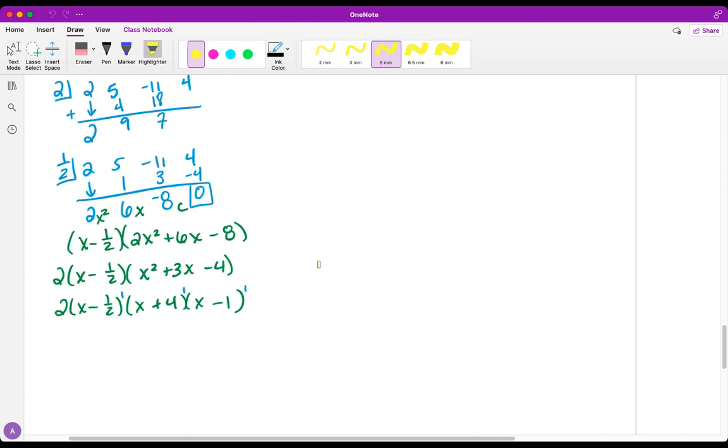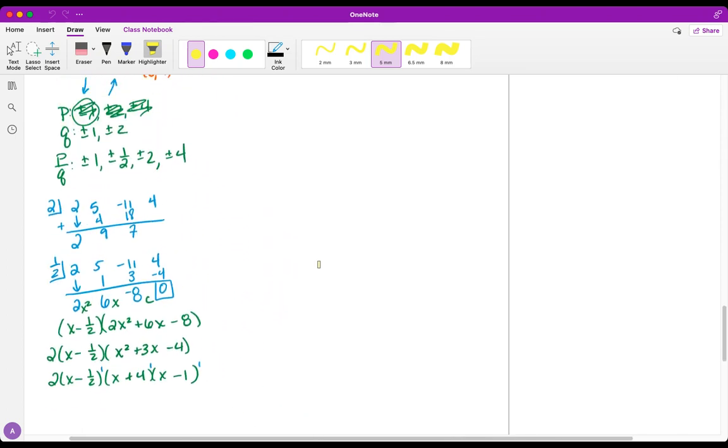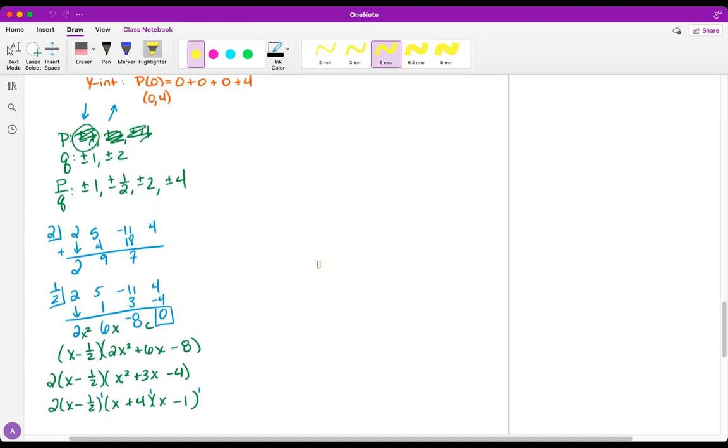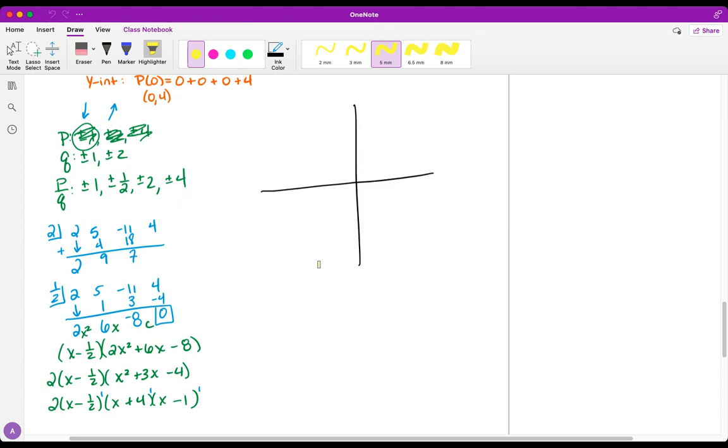Let me zoom out so we can see all of that information. Maybe, there we go. All right, and sketching. So let's first plot all of the points that we have found. We have a y-intercept at 4, x-intercepts at 1/2 and 1, and -4.